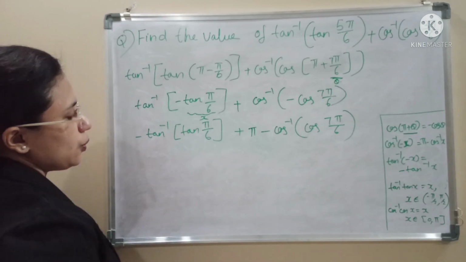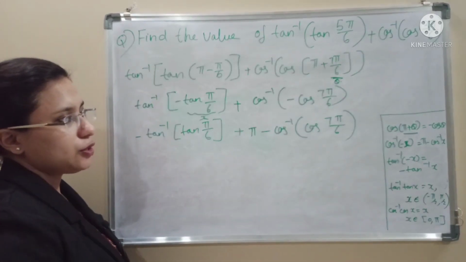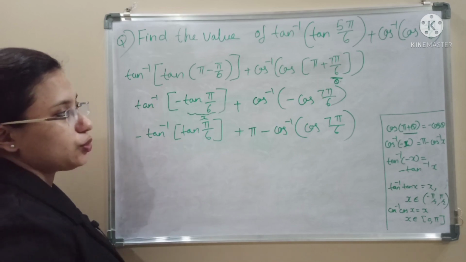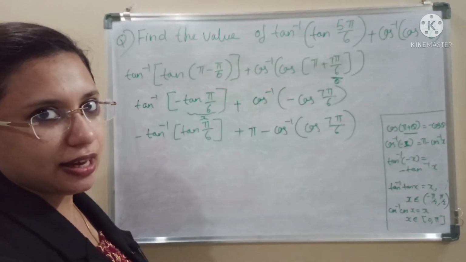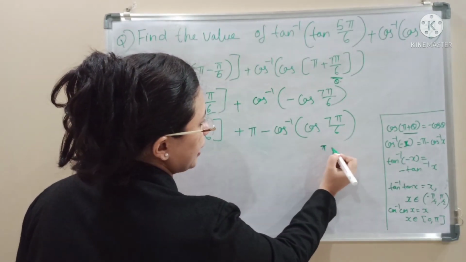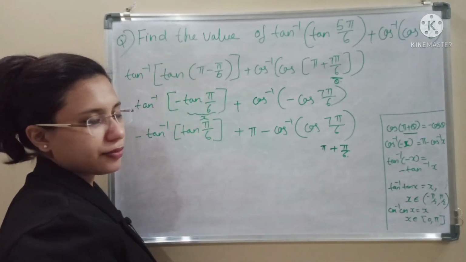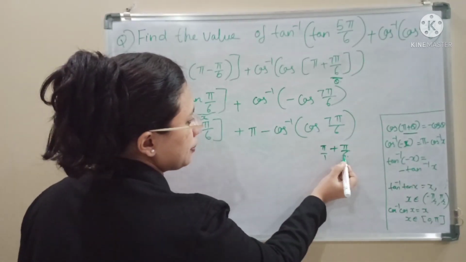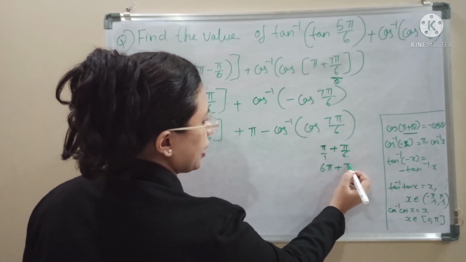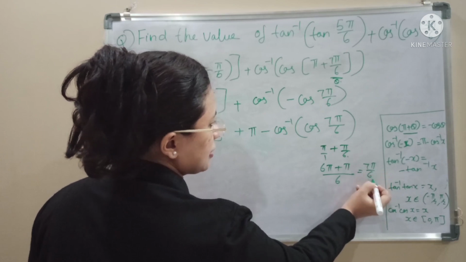So just see, can we split this one? How can we split that? We should get π/6 as a different term. Suppose it is π plus π/6. If we do cross multiplication, 6 times π plus π divided by 6, it will be 7π/6, right?